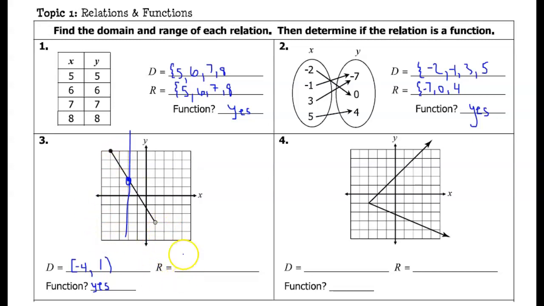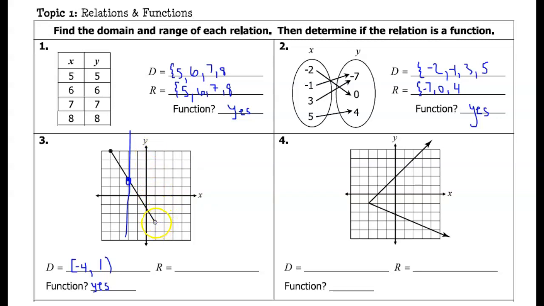Now in our range, we're going to look up and down, how far across the y-axis this graph stretches. If I look, I notice it starts at -3, and it goes all the way up to 5. Okay, so -3 to 5.